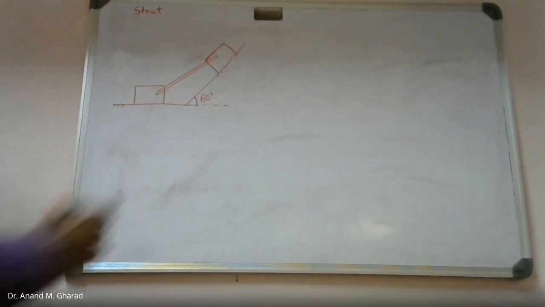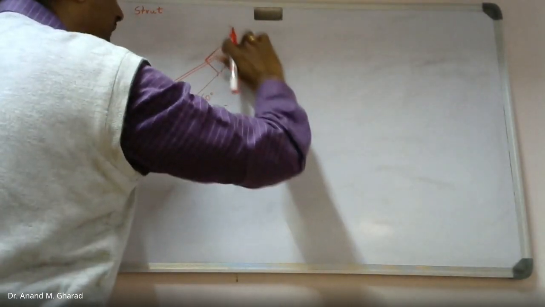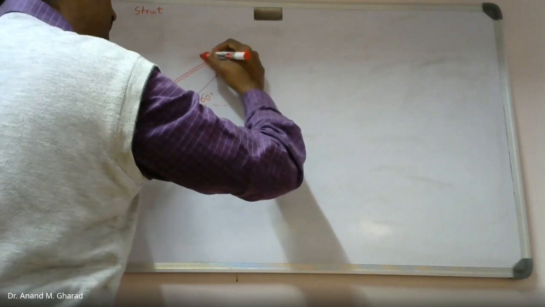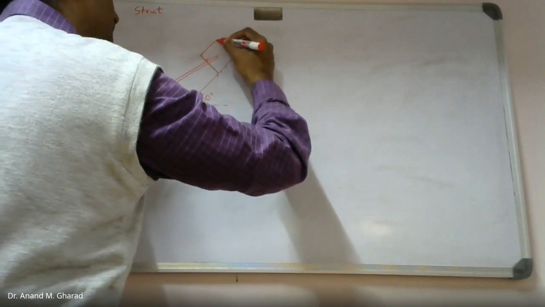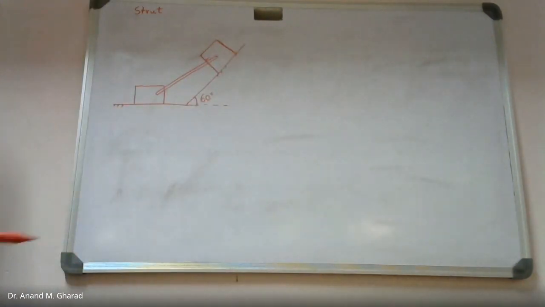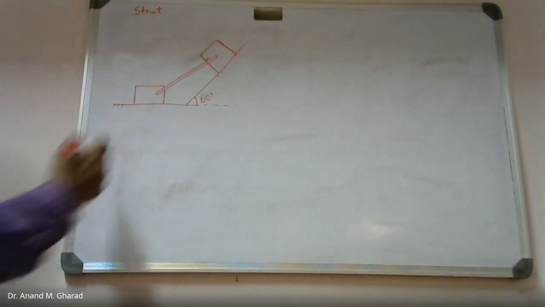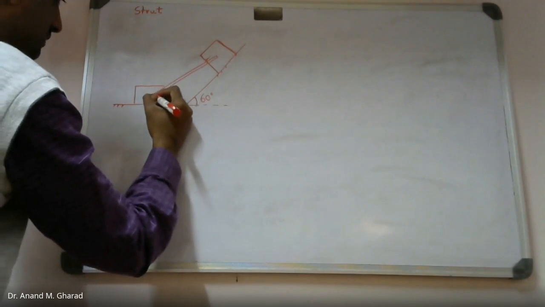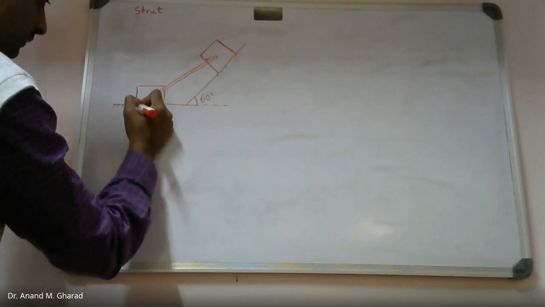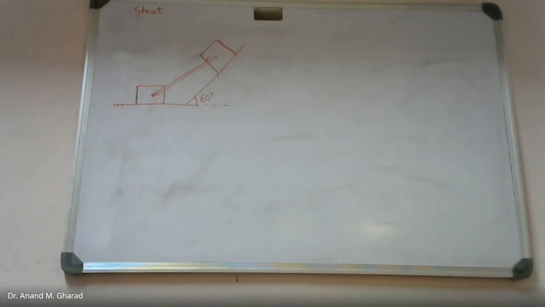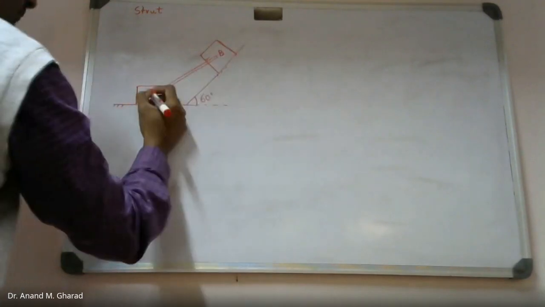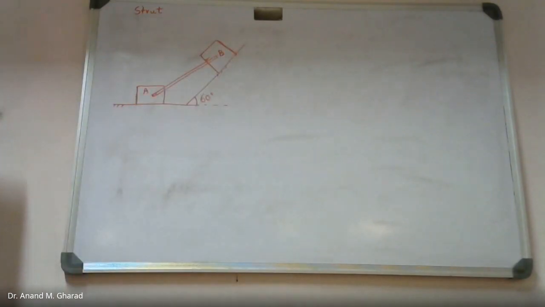Right. So this thing is something like this, connected at the center of the block, like this. Both the centers. So this is B point, this is A point.